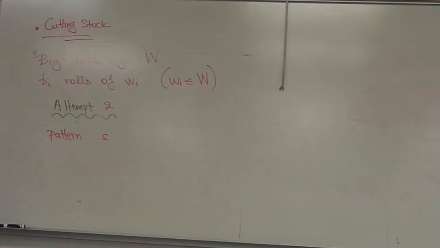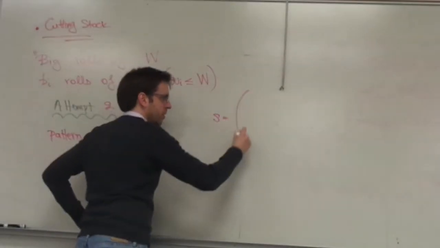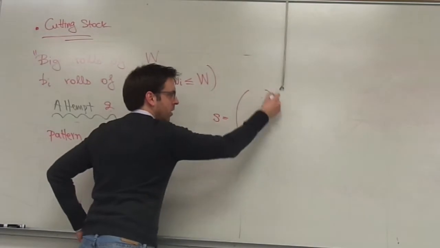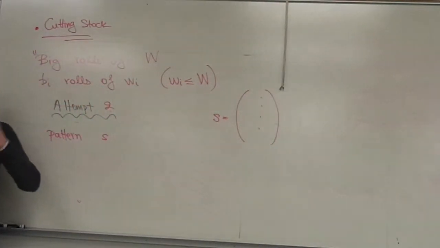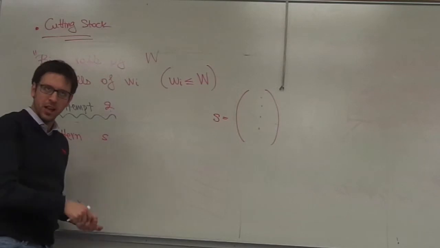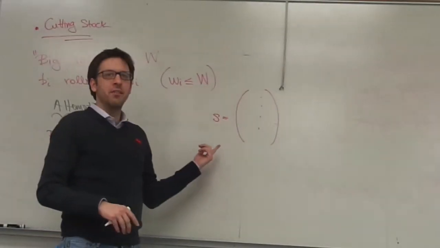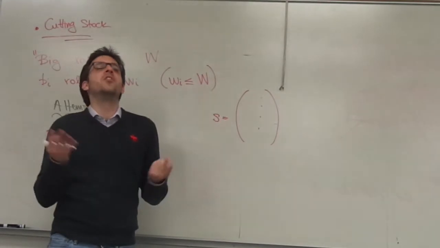So let's define a pattern S. A pattern S is going to be defined as a vector with one component for every type of cat that people want. So if I have 3 cats, then that would have 3 components. If I had 10 cats, that would have 10 components. And then it's going to have every possible pattern that is feasible.